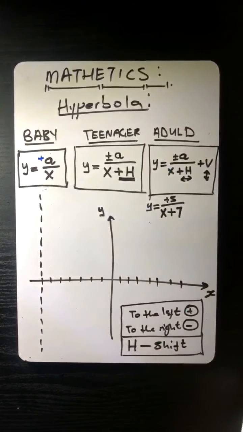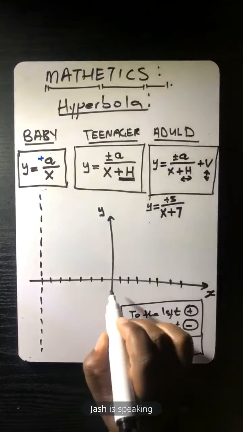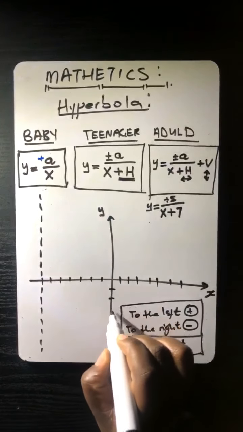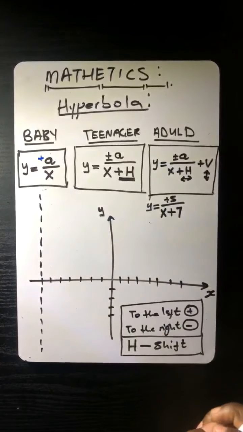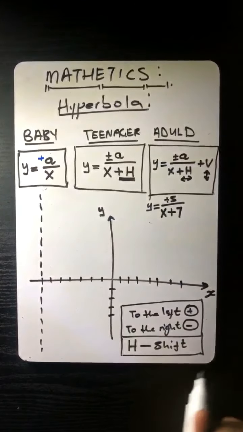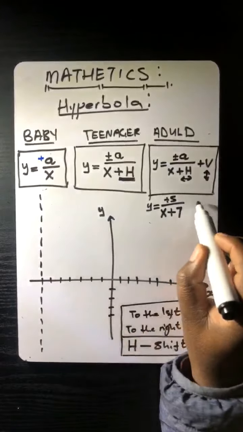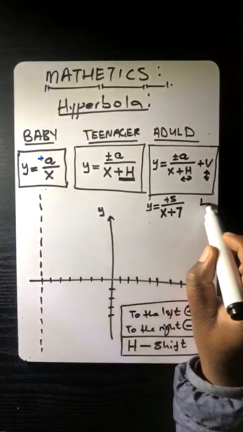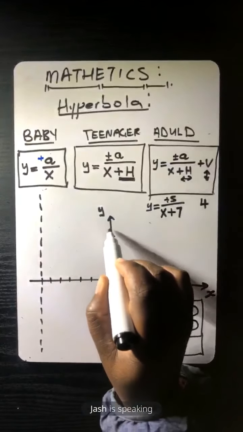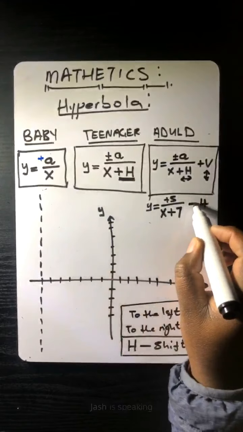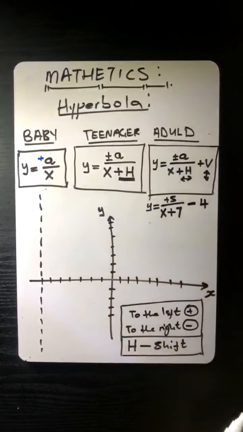By how many units? 4 units, sir. So 1, 2, 3, 4. You tell me, Shreyas, this one you'll have to guess: is it going to be positive or negative? Negative, sir. 100%.